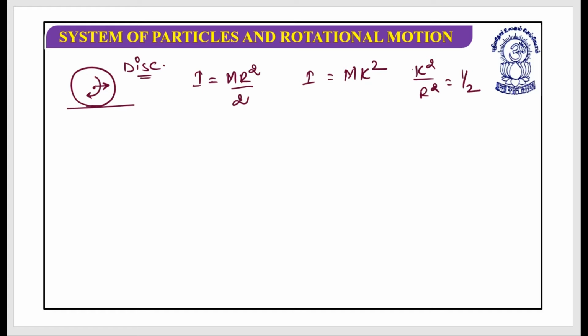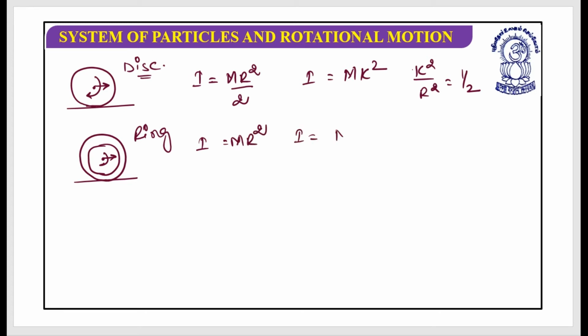Now let's have some other objects. Let's say a ring. Its moment of inertia is m r square. Comparing it with m k square, k square by r square equals 1 for the ring.